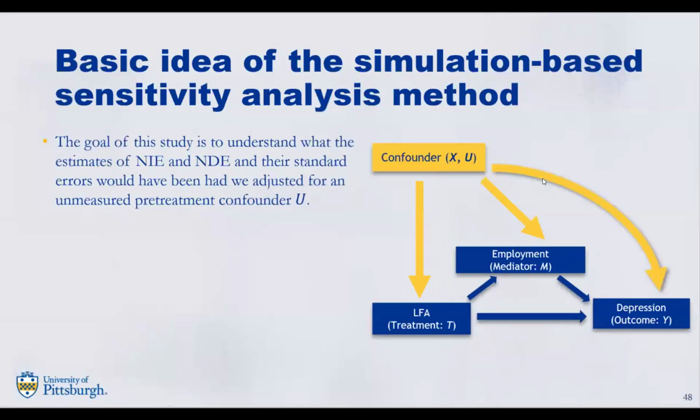Here we use U to denote a confounder. Originally in this diagram, we only have X, but here we notice that there may be a U that is unmeasured. So for the identification assumptions to hold, we have an additional U in addition to X.